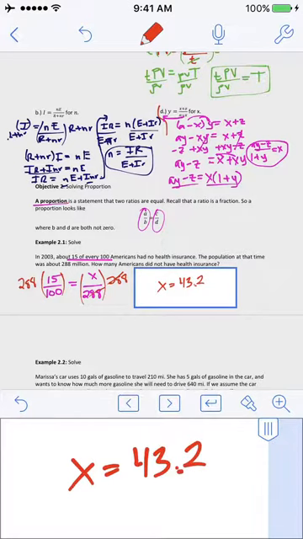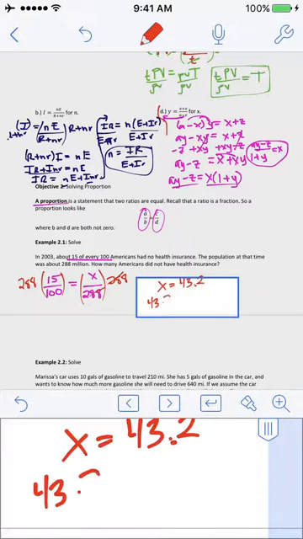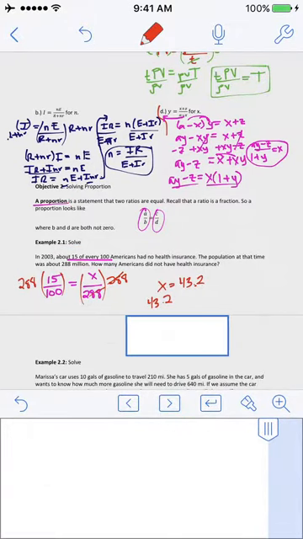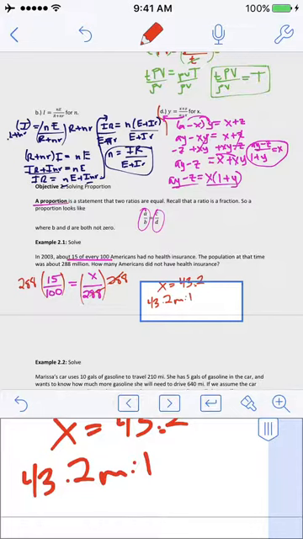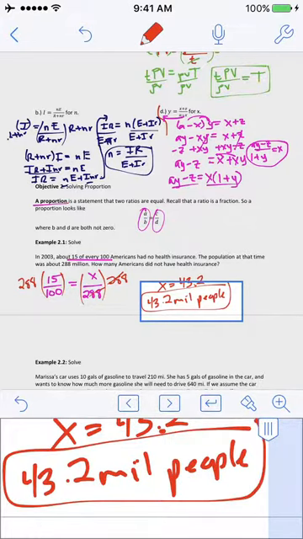Now what does that mean? That's our solve step, right? We solved it, x equals 43.2, but careful with the units: 43.2 million people did not have health insurance in 2003.